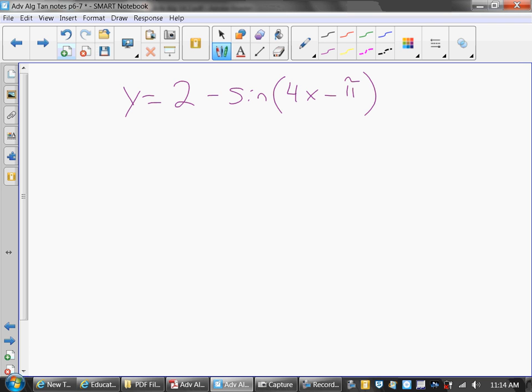Do I have that already written out in the standard form for sine? No, because that x value has a coefficient that's not equal to 1. So what do you have to factor out of it? A 4. Good. So when you factor a 4 out of this, you get y equals 2 minus sine of 4 parentheses x minus what? Excellent.